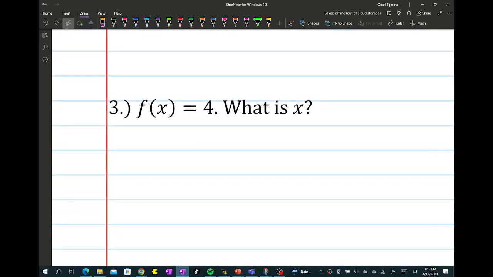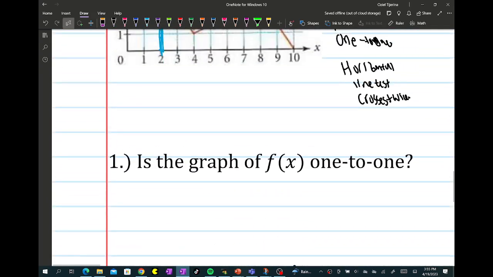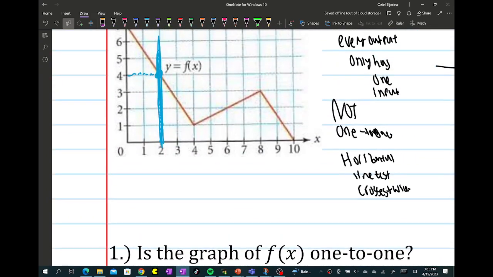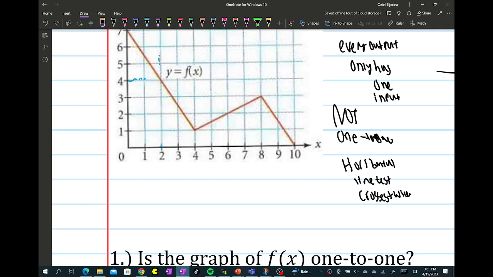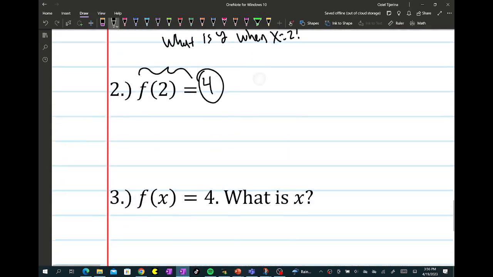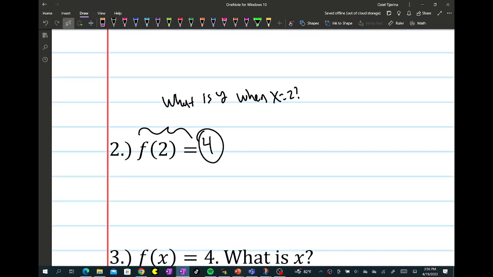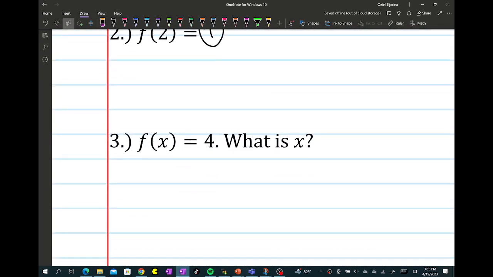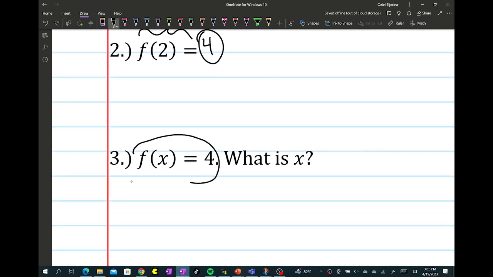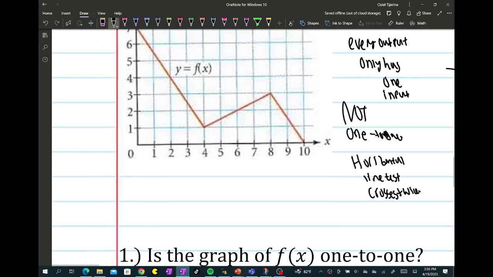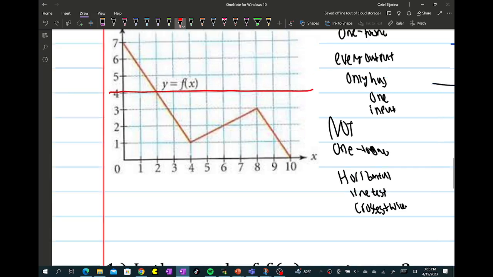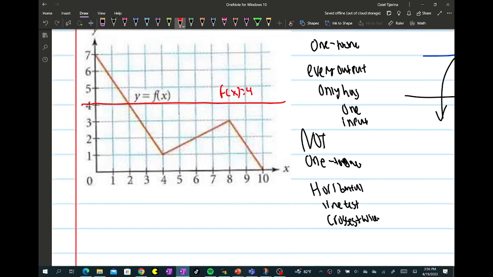Now, when f of x equals 4, what is x? When they give you something like this, it's like the other problem, but backwards. Here, f of x is equal to 4, or y equals 4.